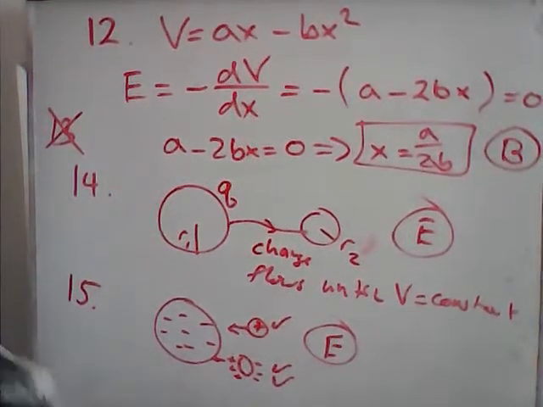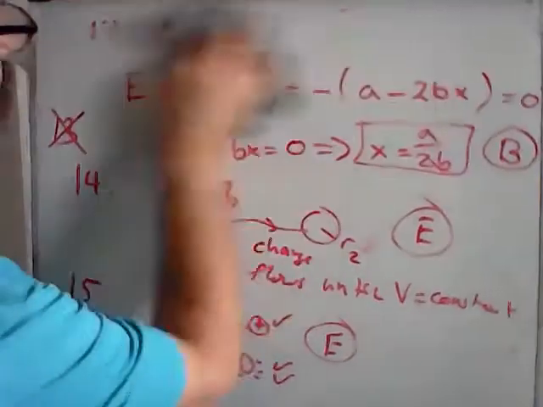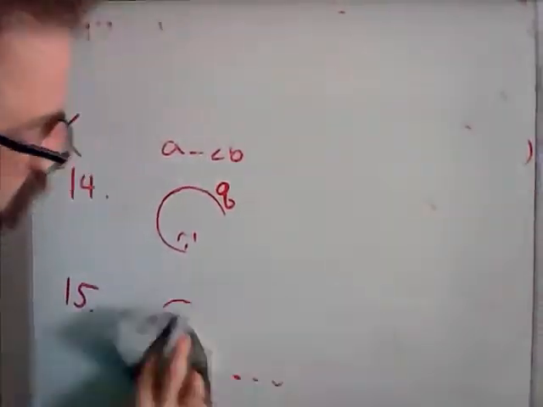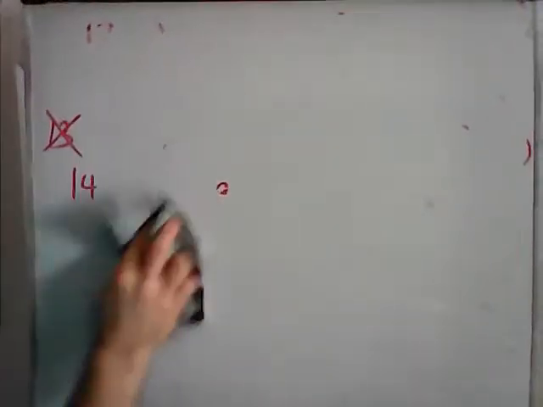Okay, we're going to erase this. We're going to move to question 16. Okay, question 16 talks about resistors. It has 3 resistors, 3, 6, and 9 ohms, and they're connected in parallel with a 10-volt battery.